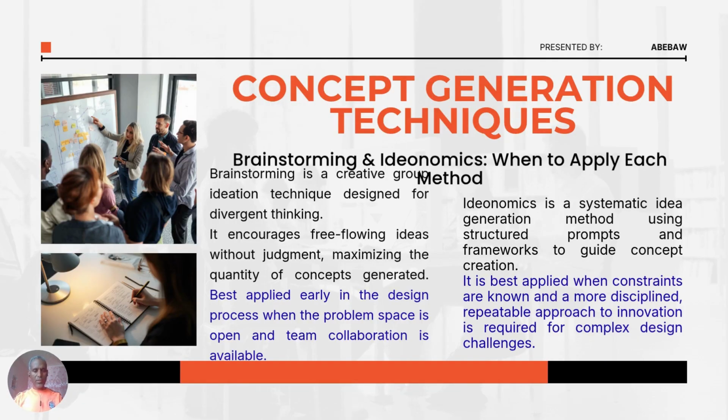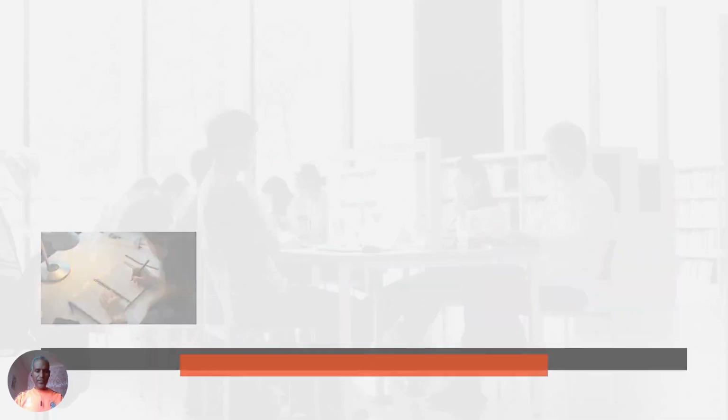Whereas ideonomics is a systematic idea generation method using structured prompts and frameworks to guide concept creation. This method is best applied when constraints are known and a more disciplined, repeatable approach to innovation is required for complex design challenges.